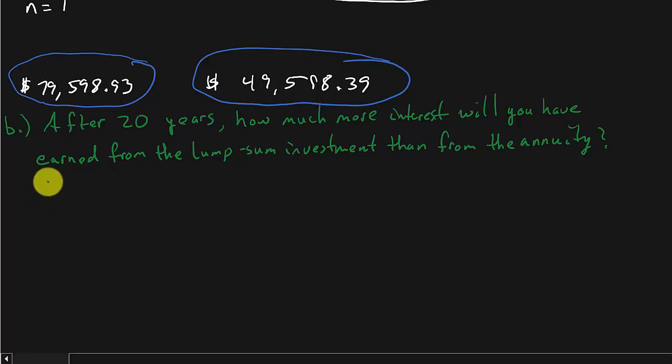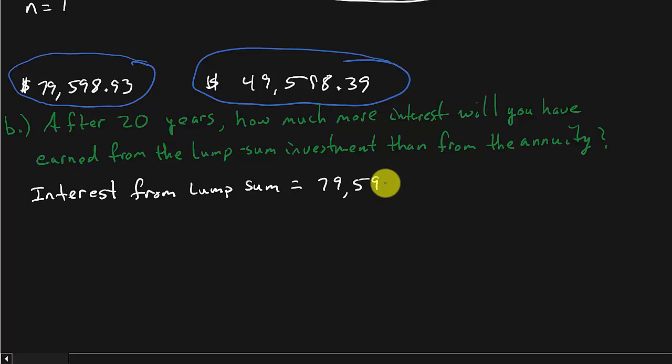So, interest from the lump sum. That's going to be the 79,598.93, right? Minus, now remember we put in $30,000. That's how much we put in each of them.